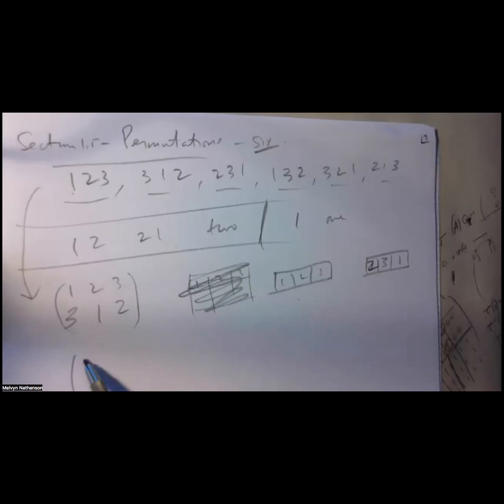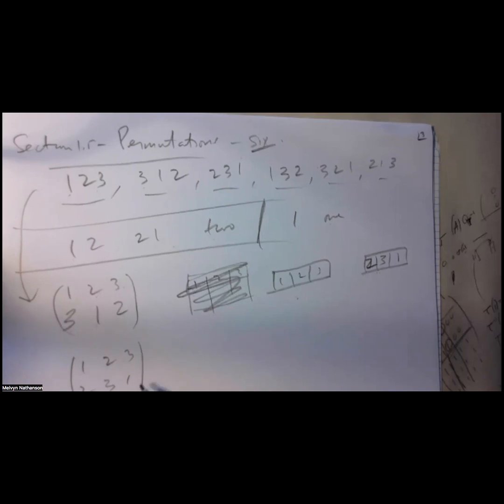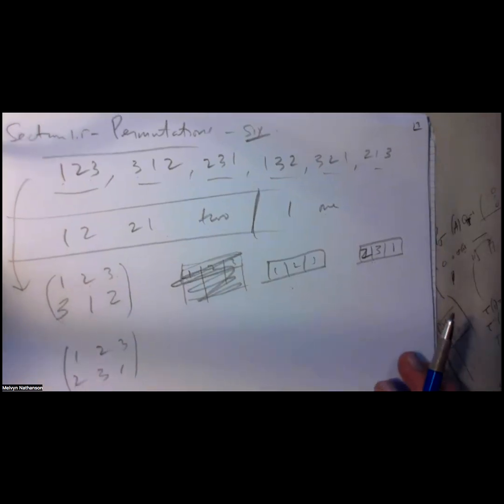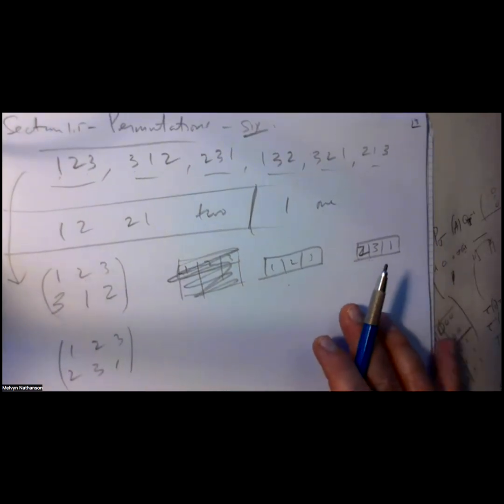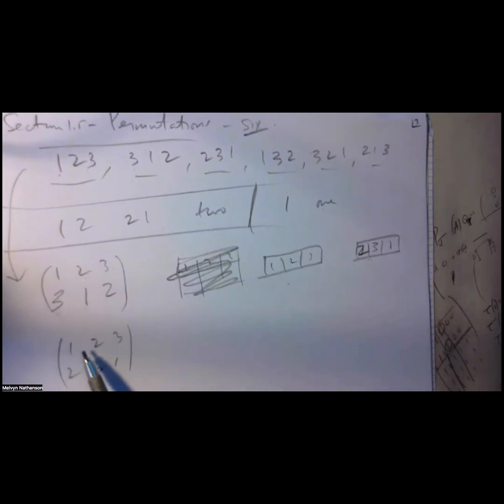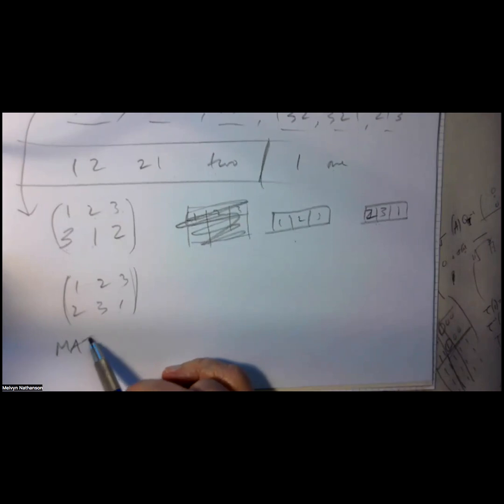Let's try to explore this a little bit more. We can think of the way you write a permutation of 3 objects as something which looks like this. You have 2 rows of numbers and 3 numbers in each row. This is something that's called a matrix.